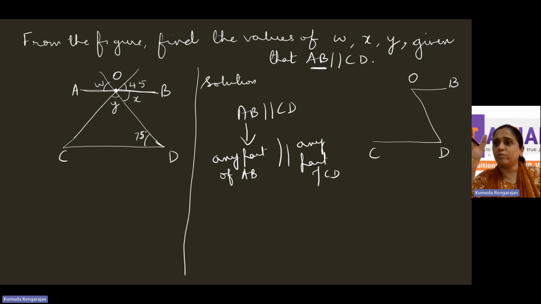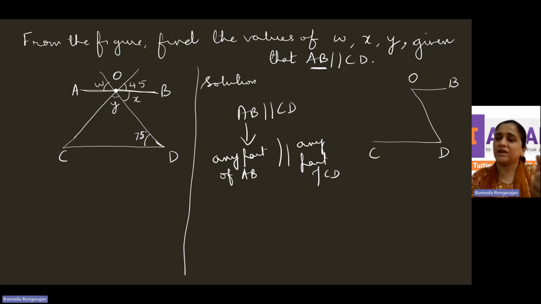It can be a small portion parallel to a larger portion. We are not saying they're equal, they're only parallel. Parallel means the two lines will not meet, even if you produce the lines on both the sides. One small part cannot be equal to a big part. This is not about equality, it's parallel.